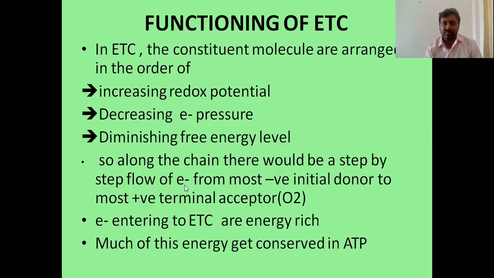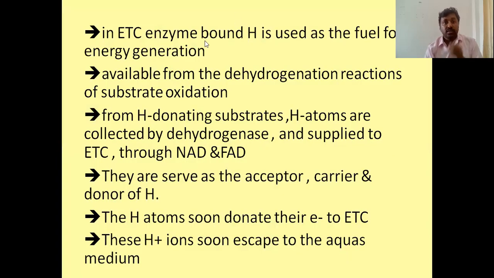Electrons entering the electron transport chain are energy rich, and much of this energy is conserved in ATP form. In the electron transport chain, enzyme bound H plus is used as the fuel for energy generation. It is available from the dehydrogenation reaction of substrate oxidation.